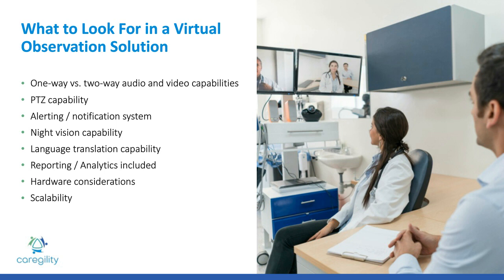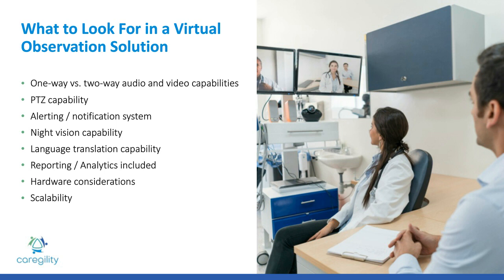If you choose a solution that doesn't have pan, tilt, zoom, and you'd like to do those things now or in the future, that can be a limitation. Obviously, if you think you'll never need that capability, then that's not a necessity.